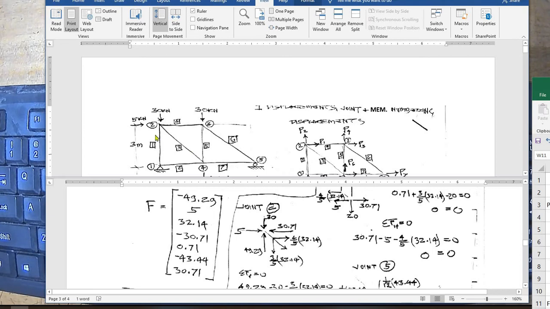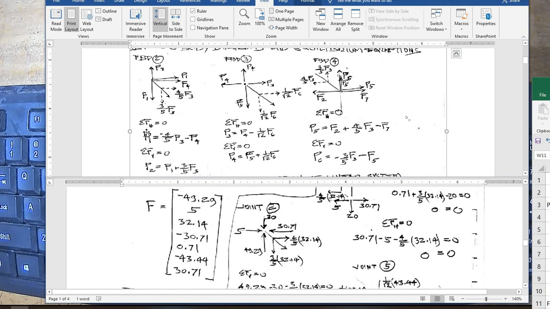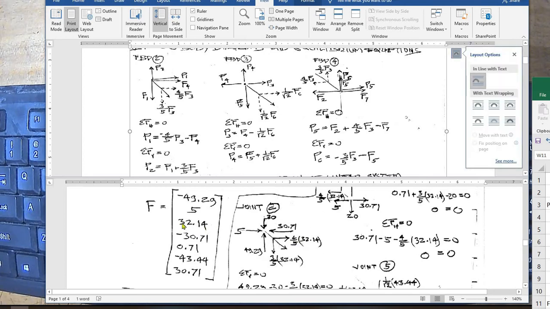Then F3. Remember that F3 is 32.14, but we need its components. So, that is 4/5 of 32.14, and it is positive, or that is tension, away from the node.